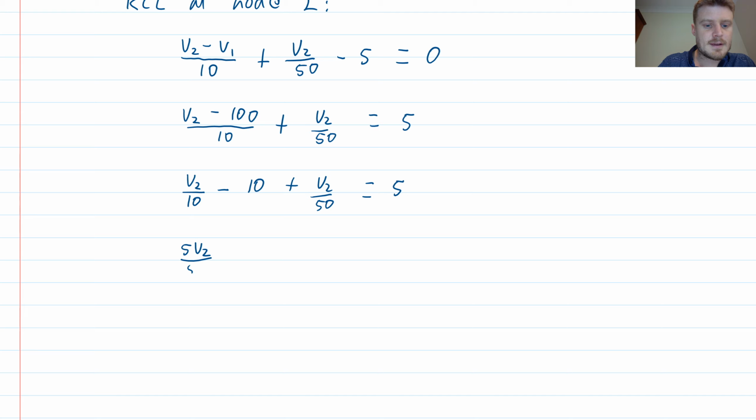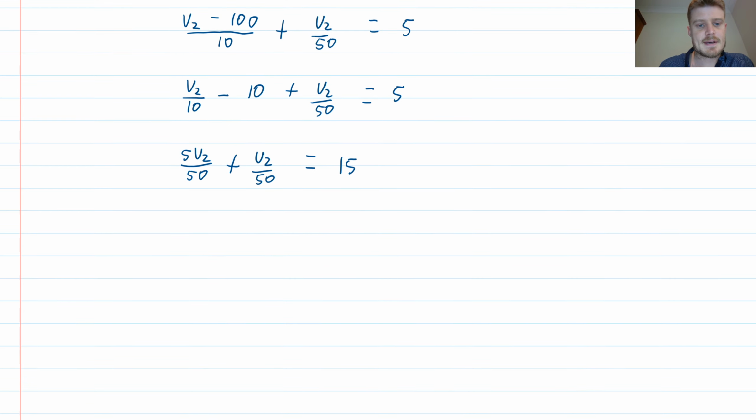So 5V2 divided by 50 plus V2 over 50 is equal to 15, bringing that 10 to the right hand side. So this will give me 6 times V2 divided by 50 is equal to 15, or V2 is 15 times 50 divided by 6.